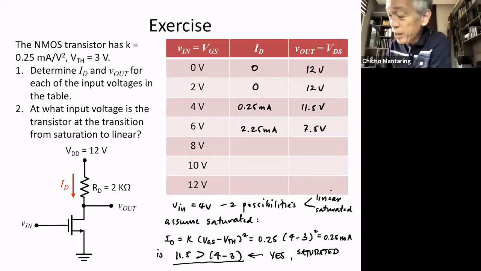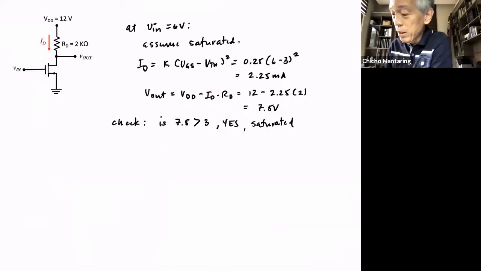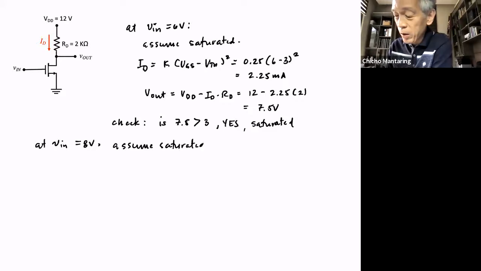Okay, punta tayo dito sa 8 volts. Sa 8 volts. Okay, at Vin equal to 8 volts, again, no, assume saturated. So what is ID? ID is now 0.25 multiplied by (8 minus 3) squared.